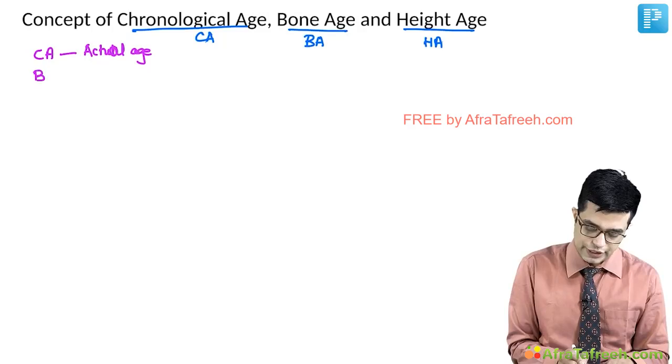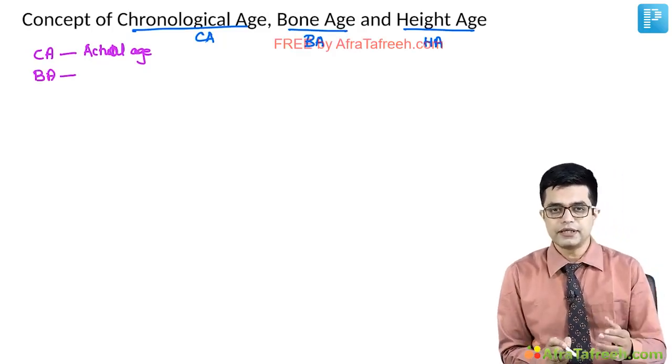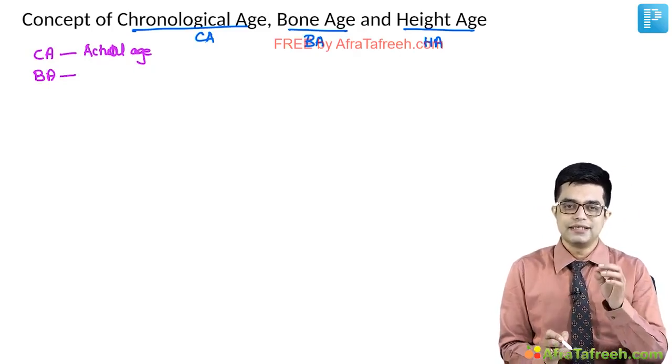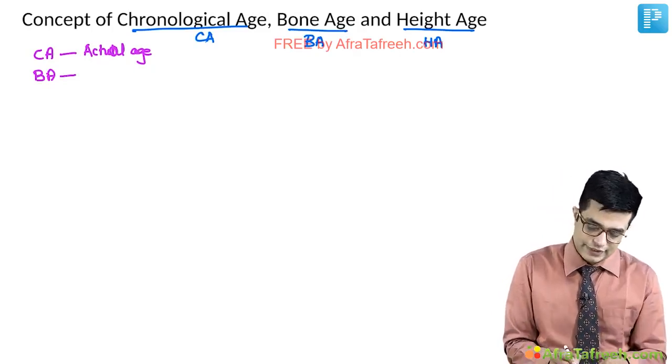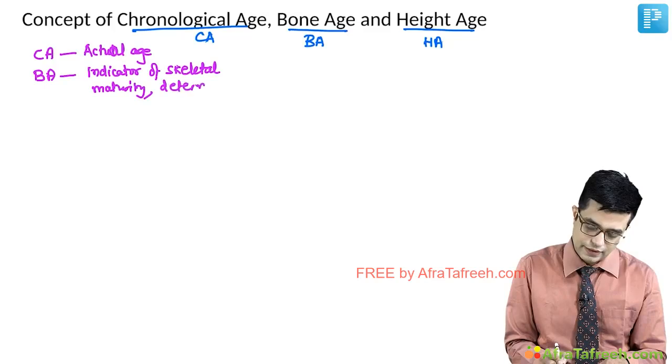What is bone age? I have already defined in one of the other modules, but I'll repeat it here. Bone age is an indicator of skeletal maturity as determined by X-ray of the bones.